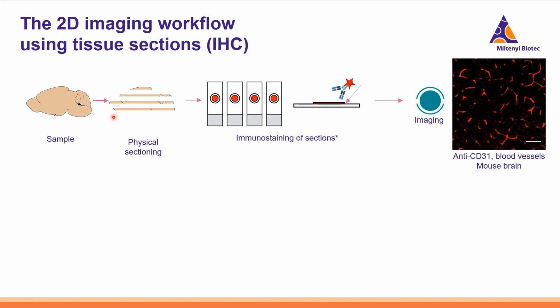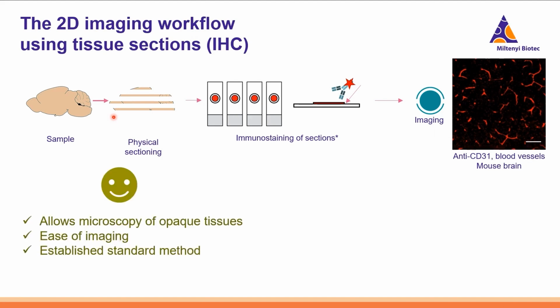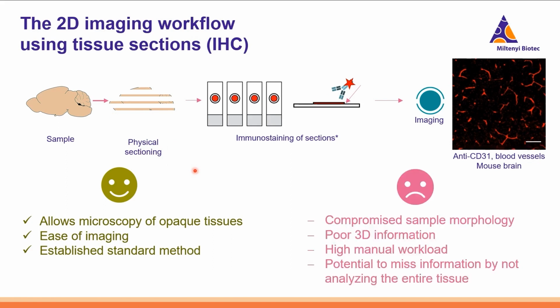This is good because it allows microscopy of opaque tissue with physical sectioning. Imaging is easy, and there are many established standard methods in the labs. This is not good because we compromise the sample morphology by physical sectioning. The 3D information that we get is poor.